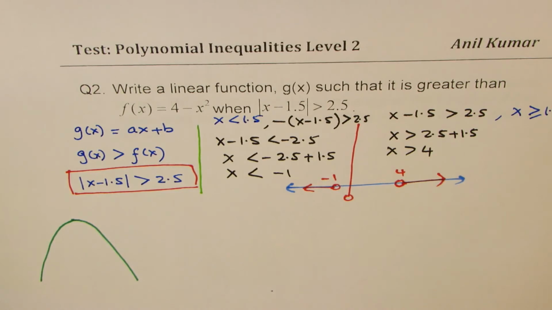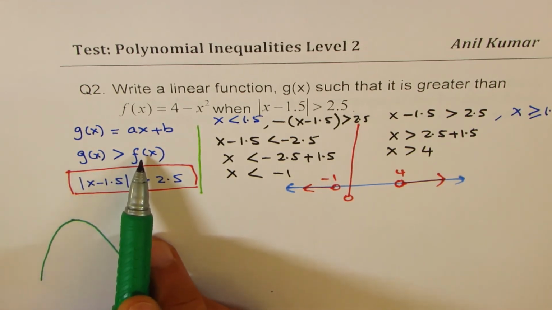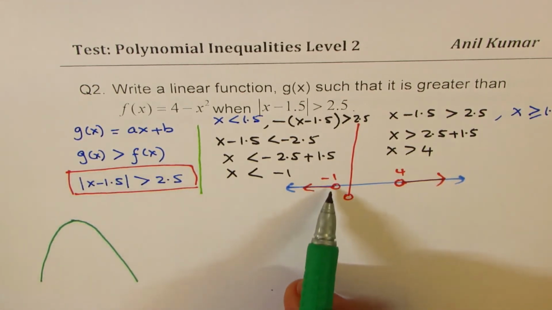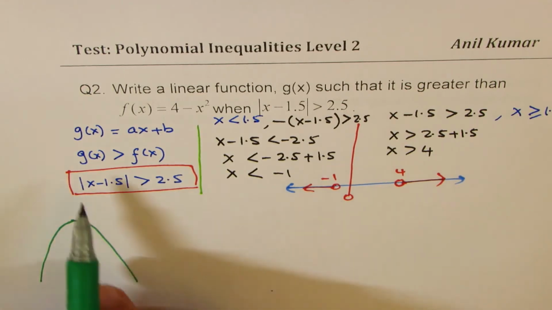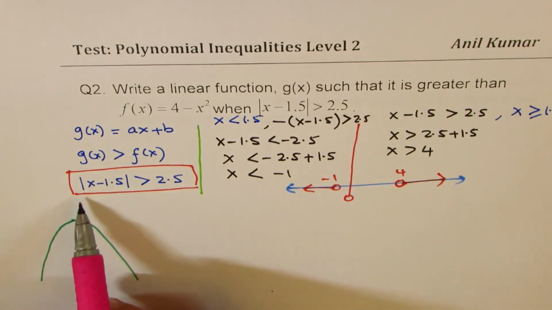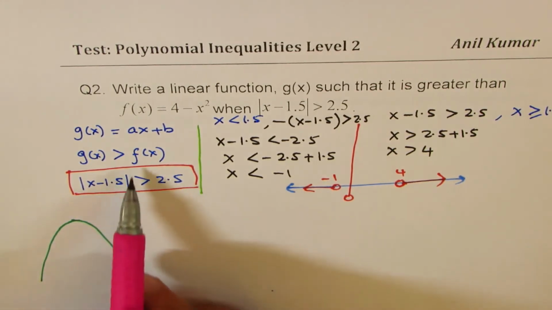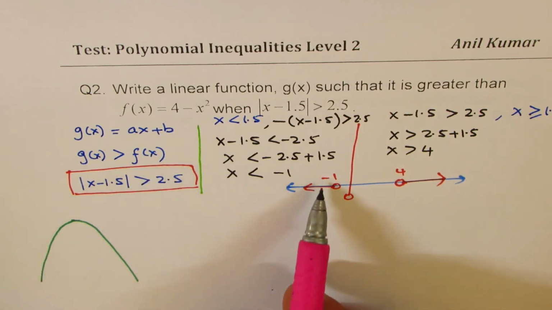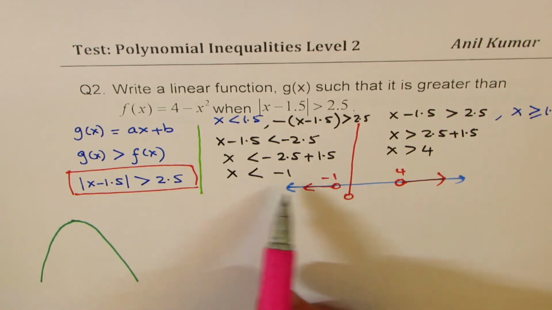And we have a line, g(x) is a straight line, which has that solution. g(x) is greater than, that means if I draw a line, the line is above the parabola when the values of x are on the left side of minus 1 and the right side.